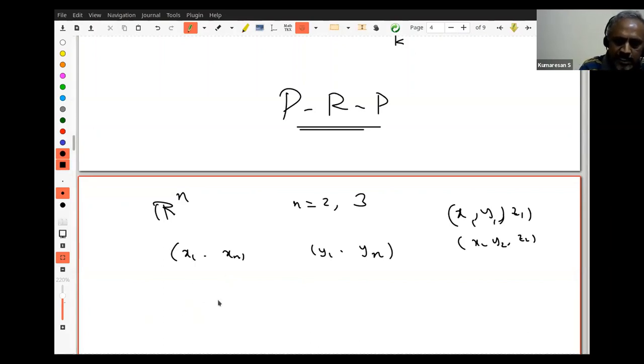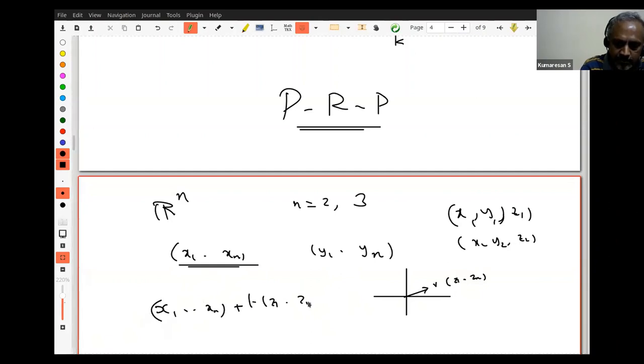Now I want the line joining these. What I do is fix a vector v, and let us say the direction is (z1, ..., zn). Then the line passing through (x1, x2, ..., xn) is given by (x1, x2, ..., xn) plus t times (z1, ..., zn), as t varies over the real numbers. This is the line.